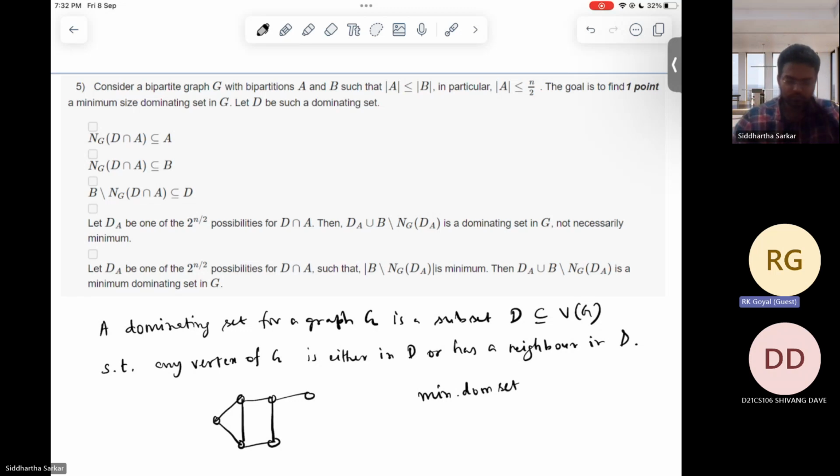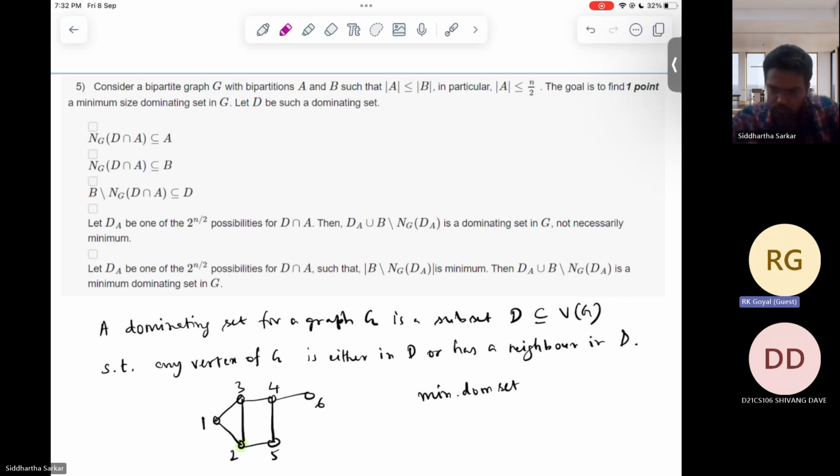I'll consider the vertex which has the largest degree here. If I include vertex number 2, I need not include 1, 3, and 5, and then I include 4 here. So this would be of size 2.